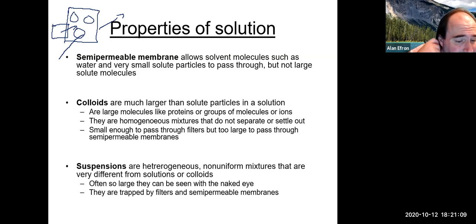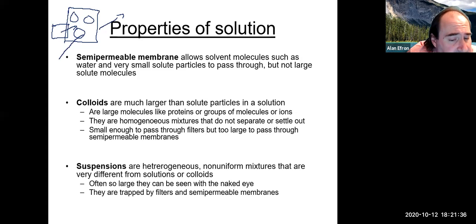Our cells have membranes that allow certain things to pass through and other things not to pass through. We also have things that are known as colloids. Colloids are larger than solute molecules or particles. These are large particles or molecules like proteins and groups of molecules or ions that are together.